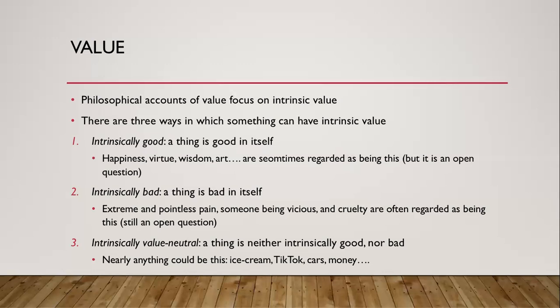So it can be intrinsically good, and this just means a thing is good in itself. I talked about happiness last slide. Virtue, a lot of people think virtue is intrinsically good. Wisdom, or maybe art. There's a typo there. But just think about anything that you think is good in itself, something that's not good for anything else.